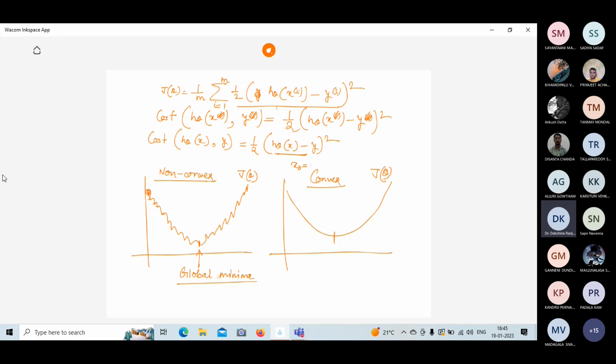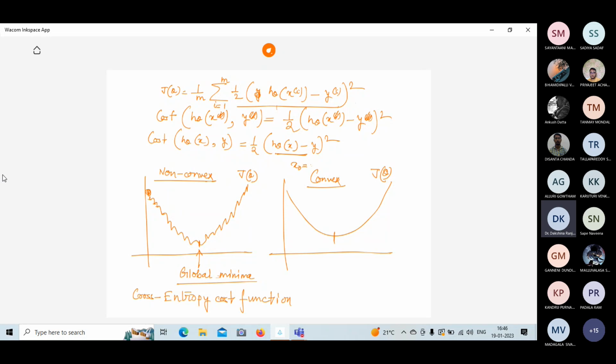And the cost function that we can define for logistic regression is called the cross entropy cost function.